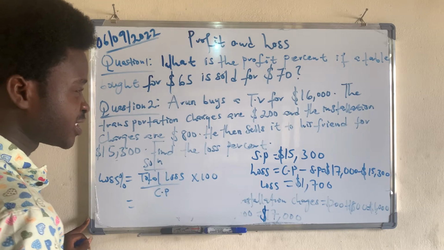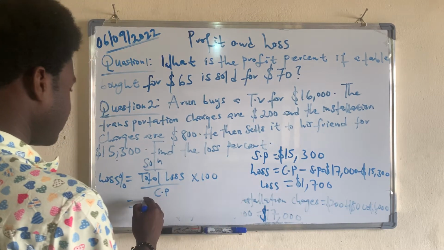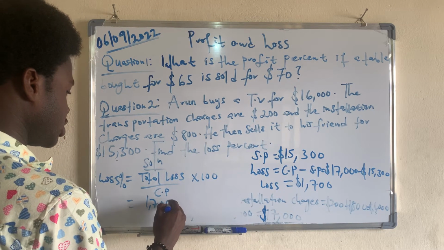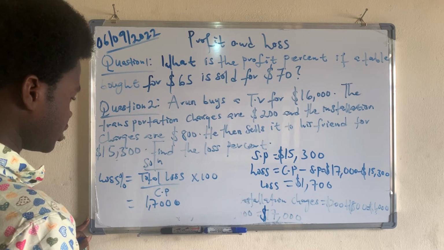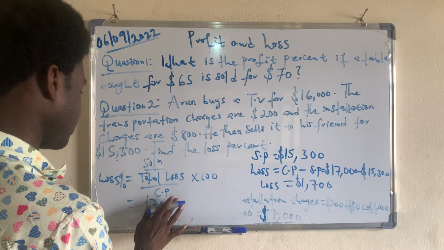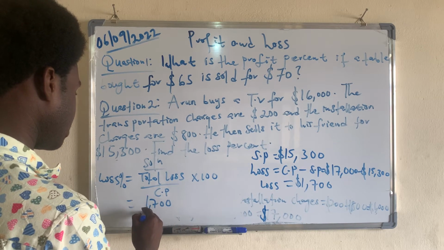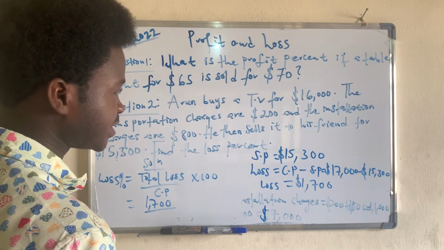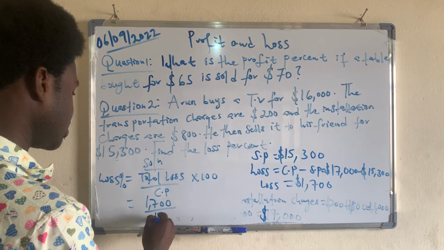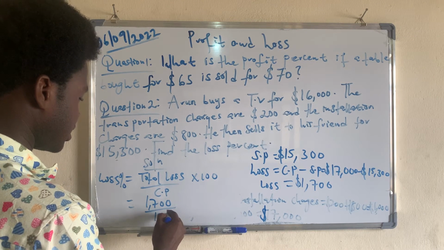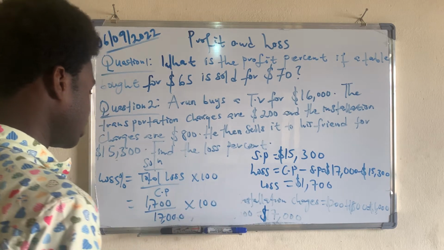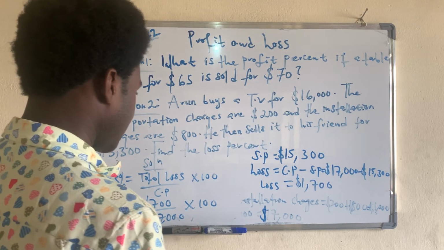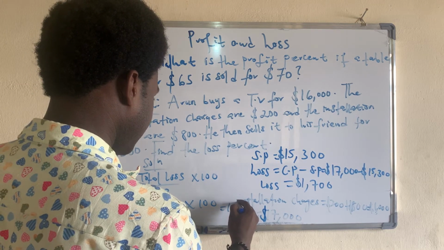So total loss is $1,700 over the cost price, $17,000, times 100. So here we have this to simply give us 10%.